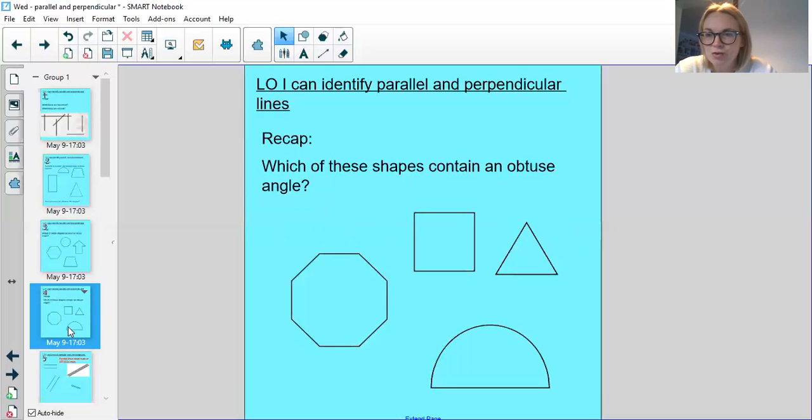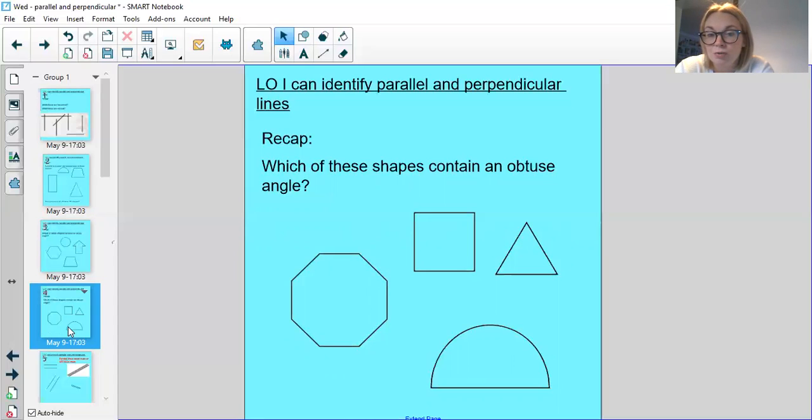In the equilateral triangle next to the square, you should be spotting 3 acute angles. Now the semicircle at the bottom is a little bit of a trickier one because it's got that curved edge, hasn't it? So you might think, is that an angle? But it means that those angles at the bottom are just less than 90 degrees and therefore no obtuse angles in that one.